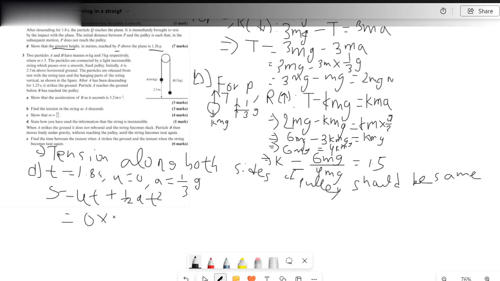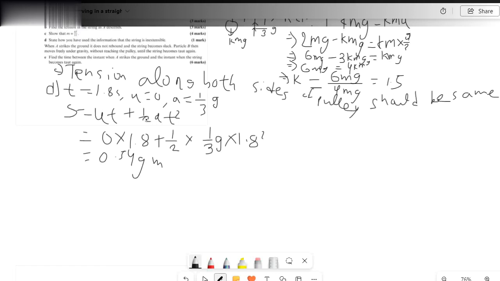So the initial velocity is 0 multiplied with 1.8, plus half into acceleration, which is 1/3 g, multiplied with time squared, which is 1.8 squared, and this equals 0.54 g meters. And now we have to consider the motion after Q reaches the plane.